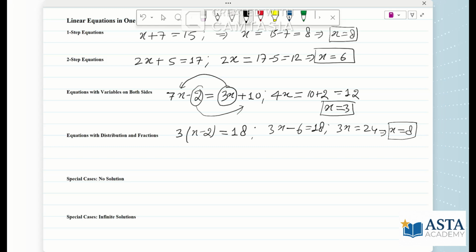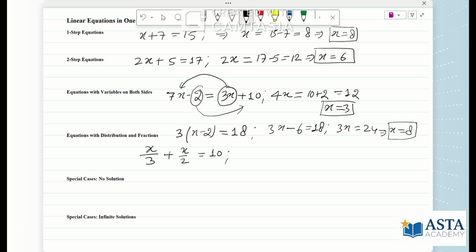Now, let us say you have a case where an equation involves fractions. Consider this: x by 3 plus x by 2 is equal to 10. Now you need to take the LCM, or you can multiply the equation on both sides by the LCM. So you will use the knowledge of your rationals.